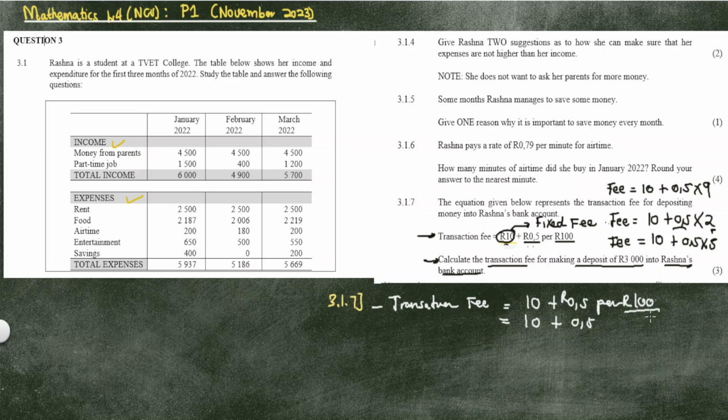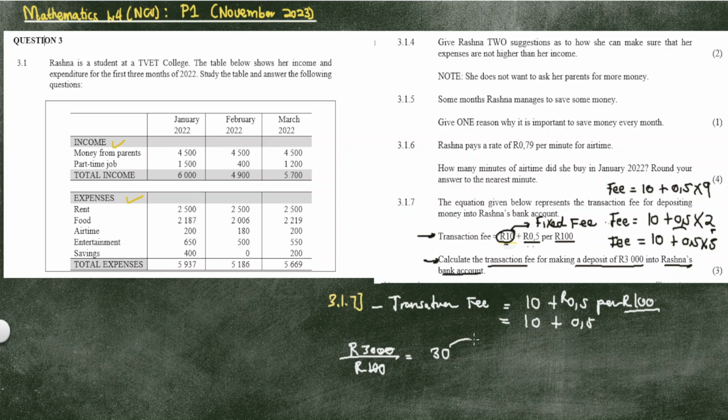How many 100 rands do we have in 3,000? You take 3,000 divided by 100. You want to find out in that 3,000, how many 100 rands do we have? So 3,000 divided by 100, it's actually 30 of them. There are 30 100 rands in 3,000.